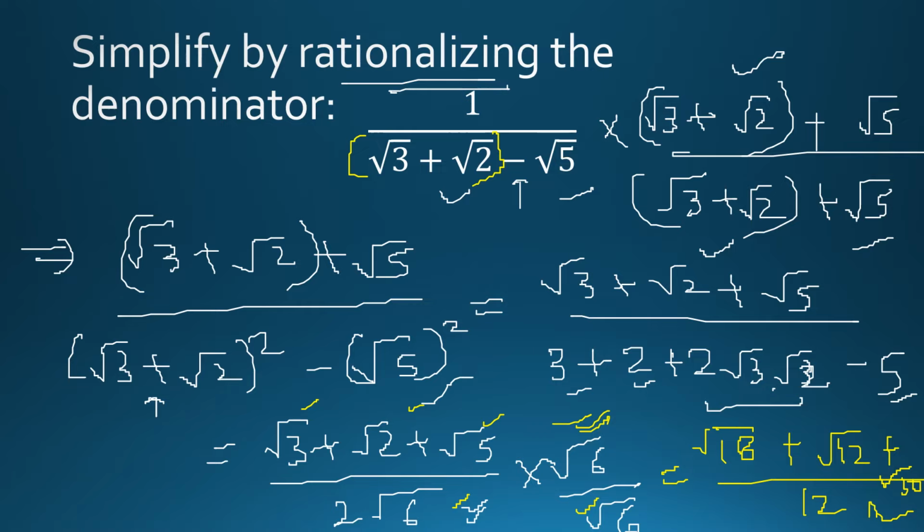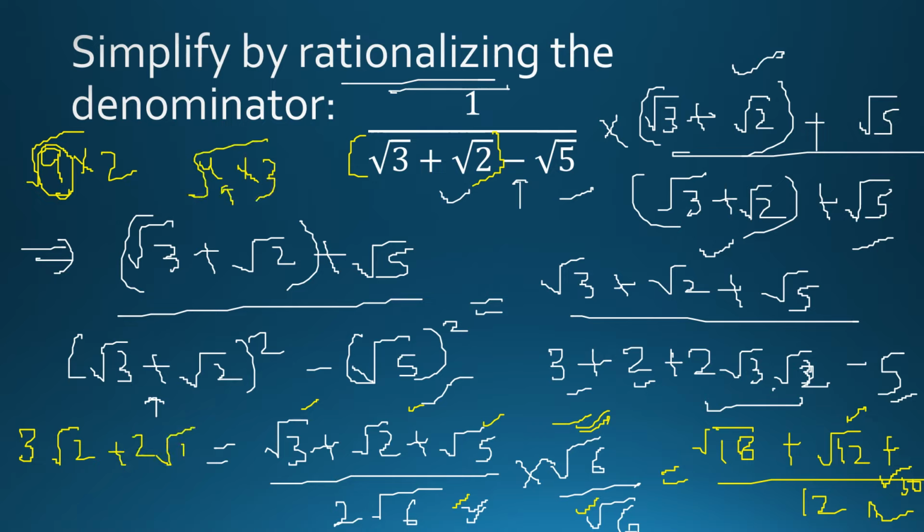Are you getting my point? If you want to solve it further, you can, because root 18 can be written as 9 into 2. 9 can come out of the root, so it will become 3 root 2. Then again 12 is 4 threes. So 4 can come out as 2 and root 3 will be there only.